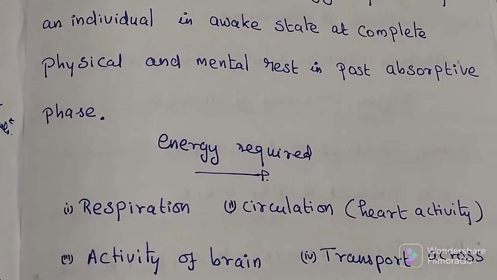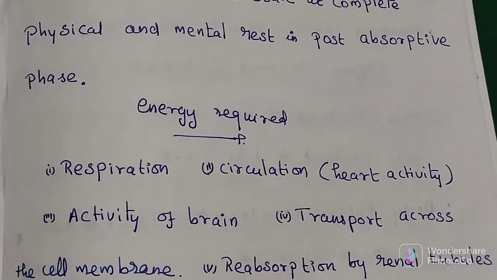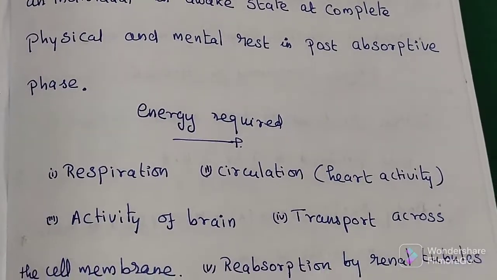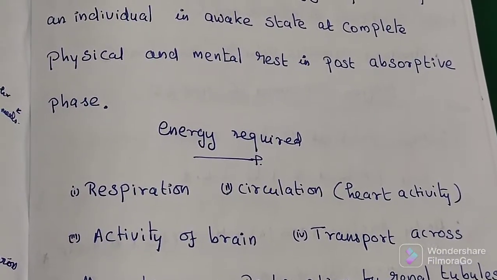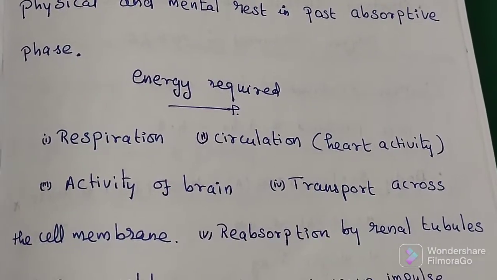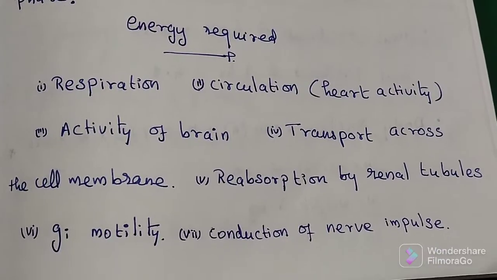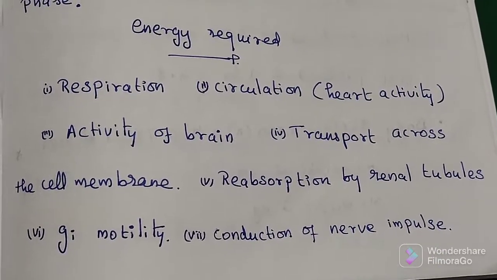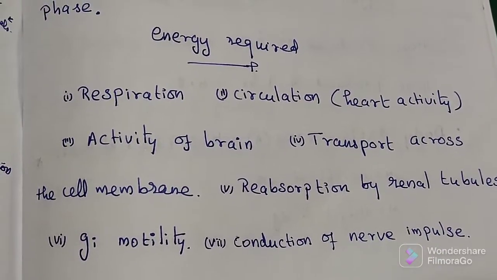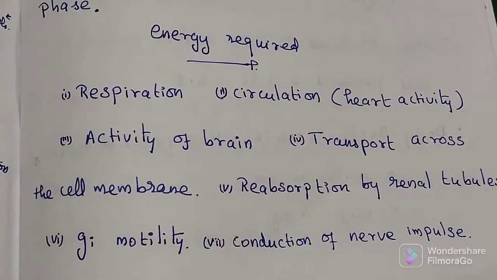It is required for respiration, circulation, activity of the brain, ion transport across cell membranes, reabsorption by renal tubules, and GI motility. What is GI motility?